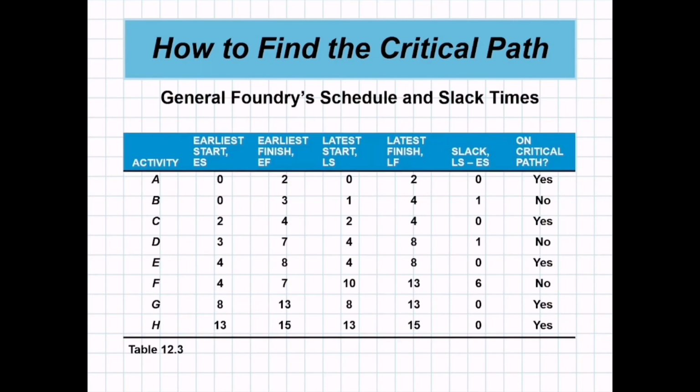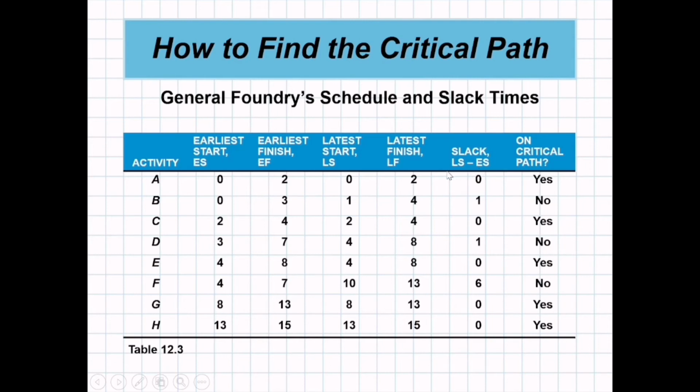So let us take a look at table 12.13. Activity A, B, C, D, E, F, G, H. Earliest time, we already computed from our network, and you can plot this. And then slack is LS, late start, minus early start.